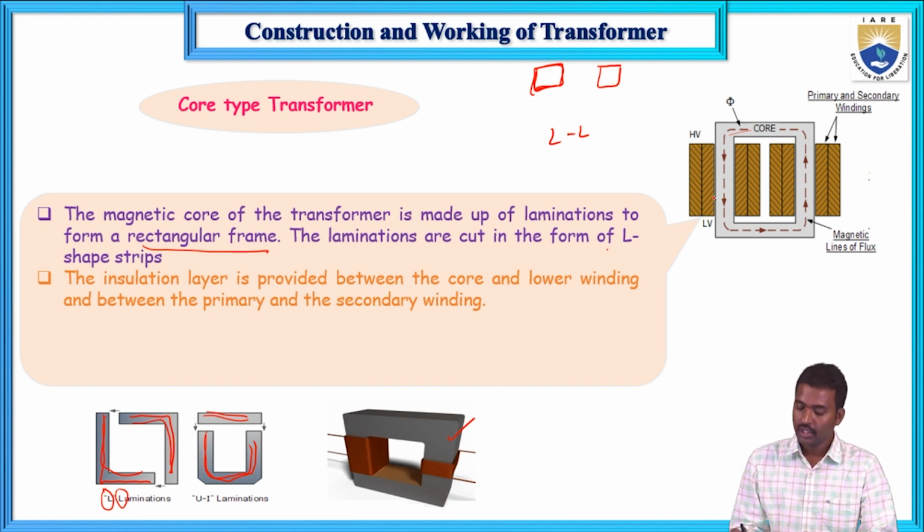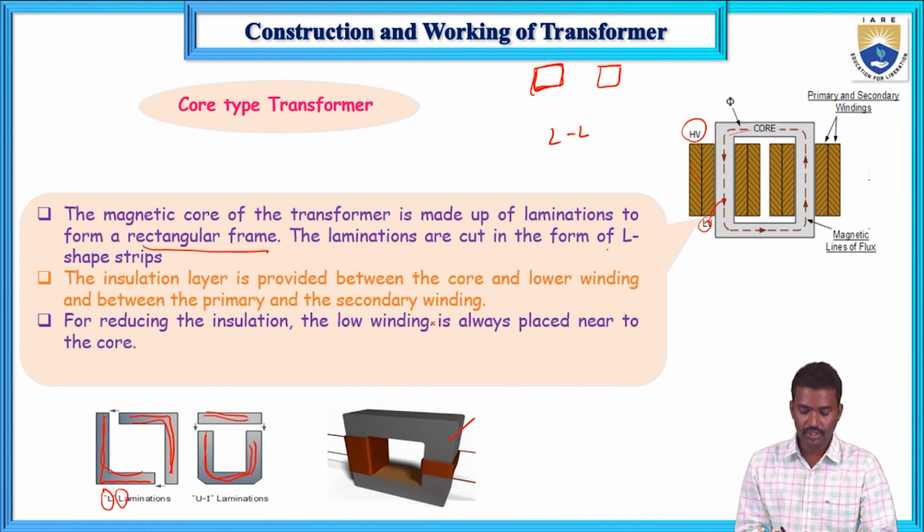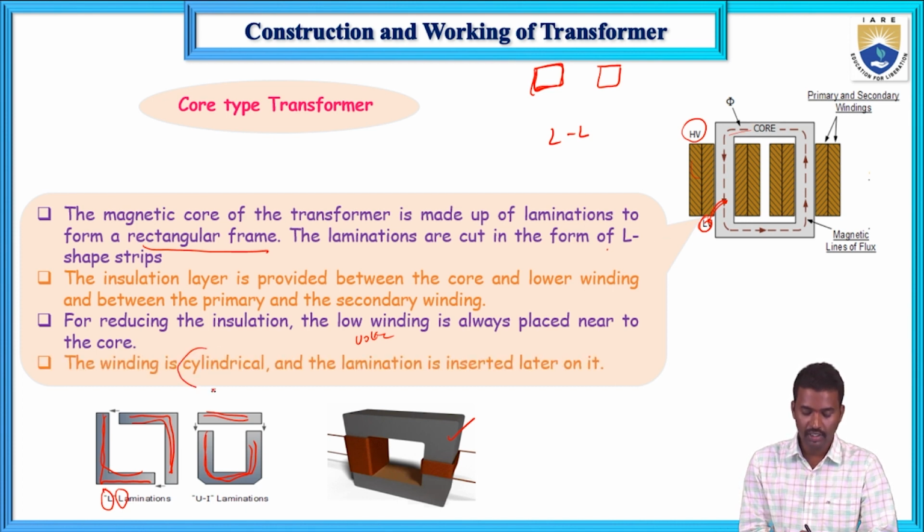The lower voltage winding is always near to the core, to reduce the insulation, and the higher voltage winding is around the lower voltage winding. The windings are cylindrical, and the laminations are inserted later on.